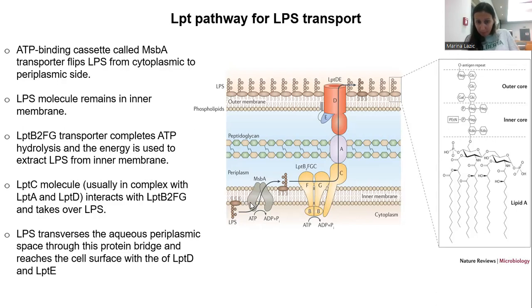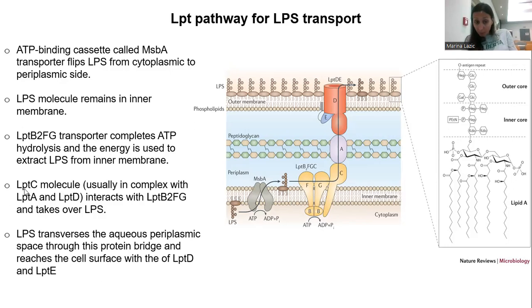Then it binds to MsbA. Then there is hydrolytic activity of another enzyme, so ATP is degraded, energy is released, and that energy is used to extract LPS from the membrane. But MsbA is very important for the docking.